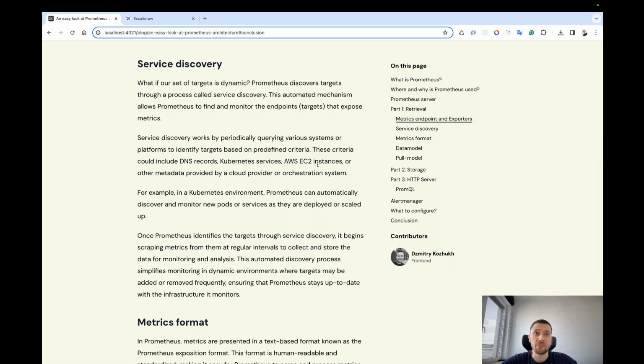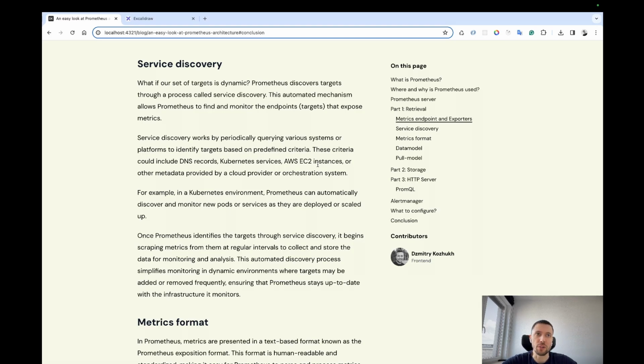If our set of targets is dynamic, Prometheus utilizes a process called service discovery. This automated mechanism enables Prometheus to identify and monitor endpoints, targets that expose metrics. Service discovery functions by regularly querying different systems or platforms to locate targets based on predefined criteria.